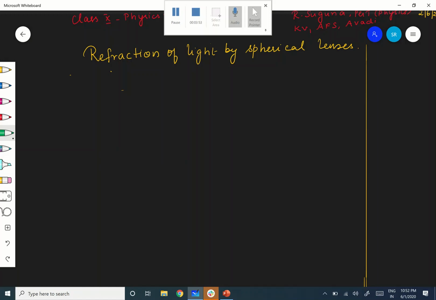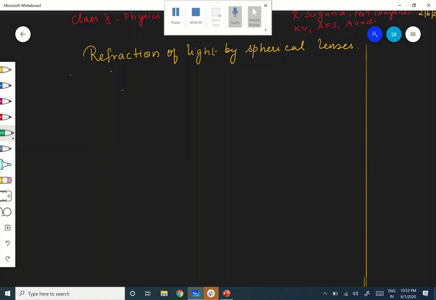There should be one medium which is bounded by two surfaces. Out of these two surfaces, one definitely has to be a spherical surface. The other may or may not be a spherical surface. Depending upon the shape of the two surfaces, we can classify lenses into different types.